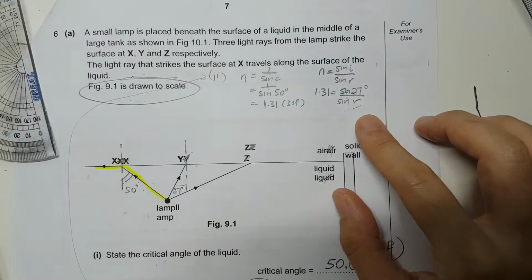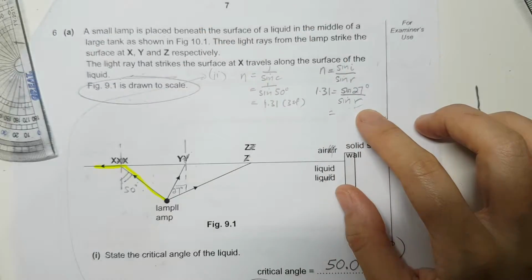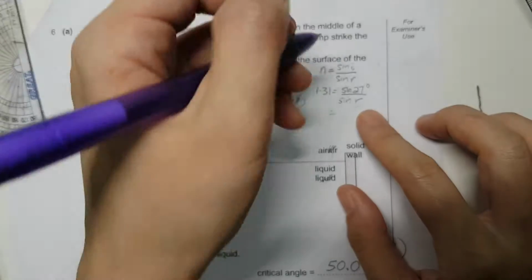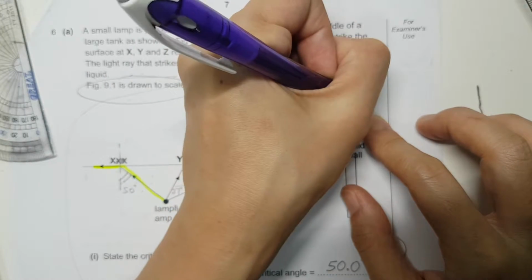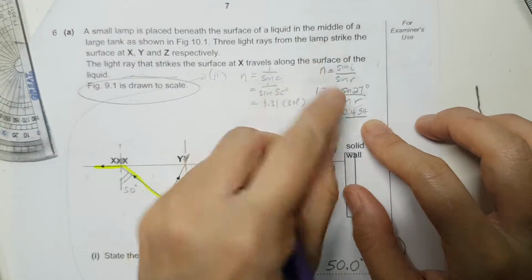So coming back to here, sine 27, my incident angle, is 0.454, divided by sine r.